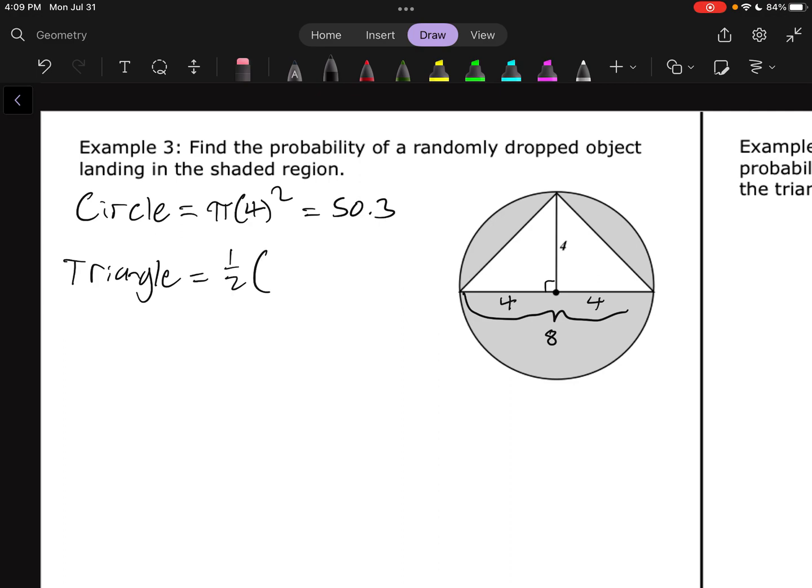That'd be 1/2 times 8 times 4, which is 16. So now let's find the shaded part. Right, the shaded part would be the 50.3 minus 16. And that's 34.3.